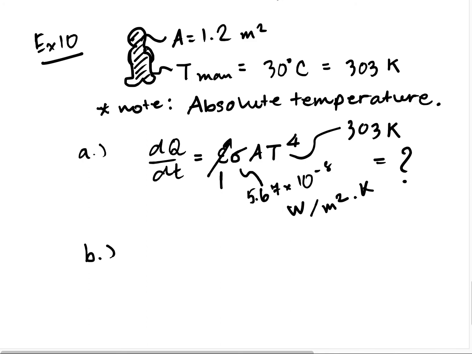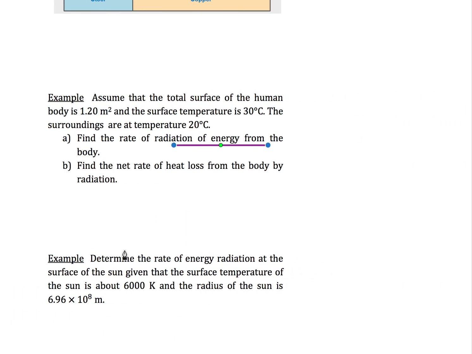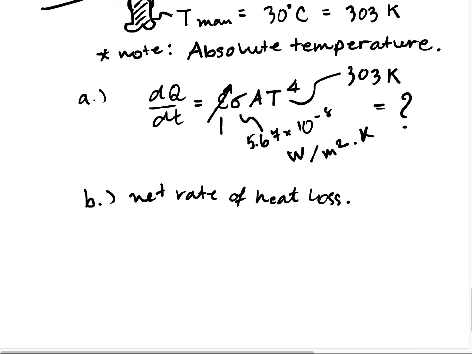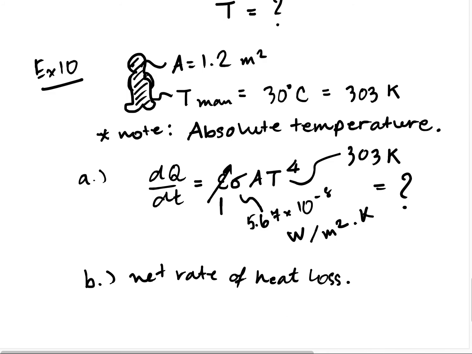And then for part B, they ask you about the net rate of heat loss. In part A, the heat rate that you calculated was kind of one-way traffic from the man to the surrounding.